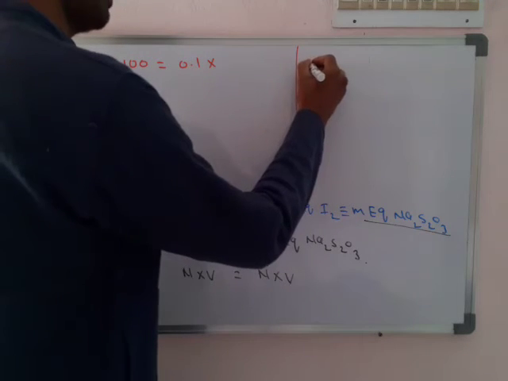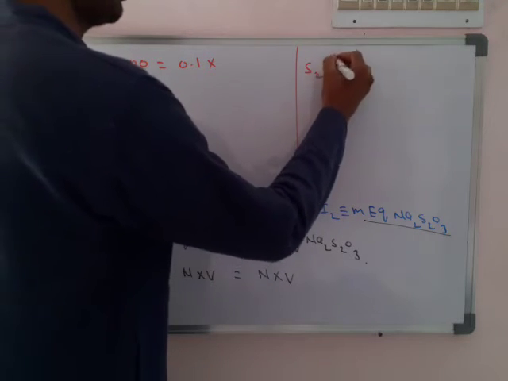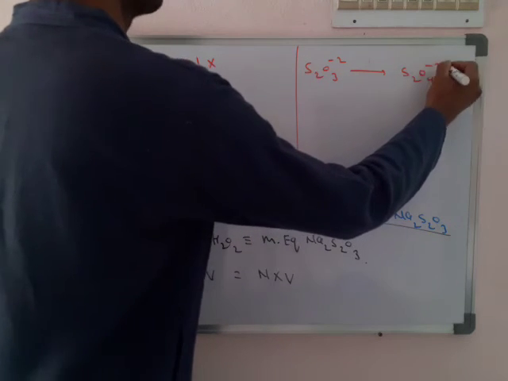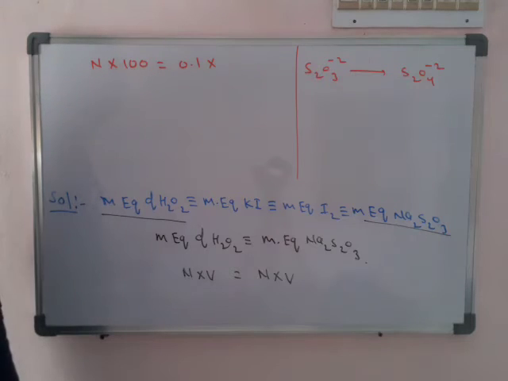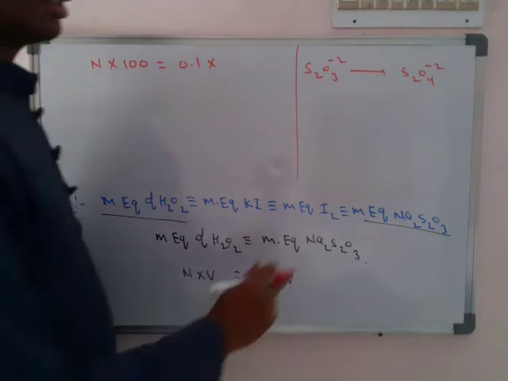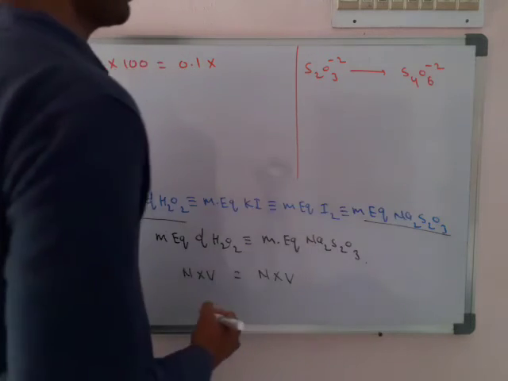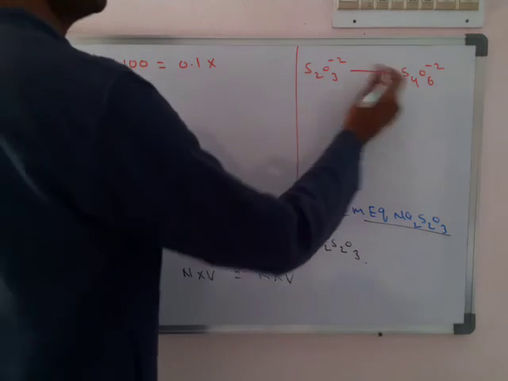So I will write that relation. S2O3 minus 2 changes to S4O6 minus 2. So now here 4 sulfurs are there.